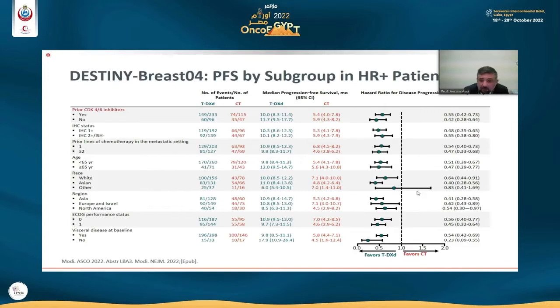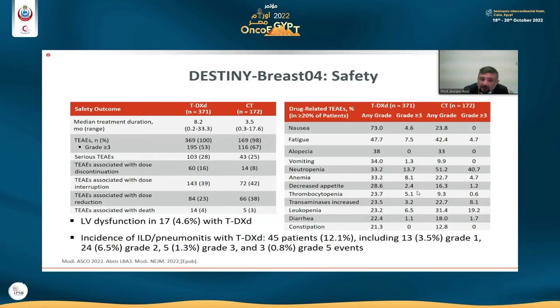This is very important. This is a breakthrough trial, and regarding the safety, we all notice that Enhertu, trastuzumab deruxtecan, is an agent that is better tolerated by our patients than the standard of care, the classic chemotherapy regimens with which it was compared, with a treatment duration of 8.2 months versus 3.5 months for classic chemotherapy.